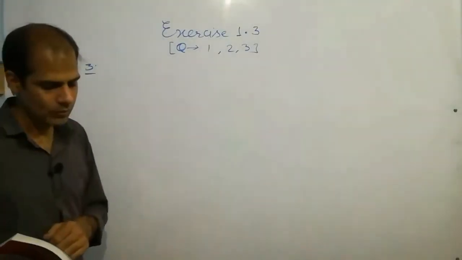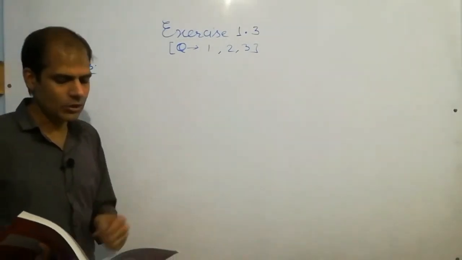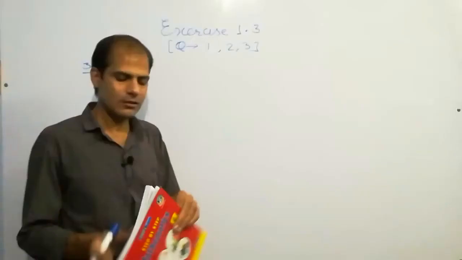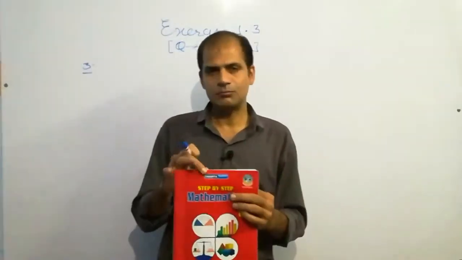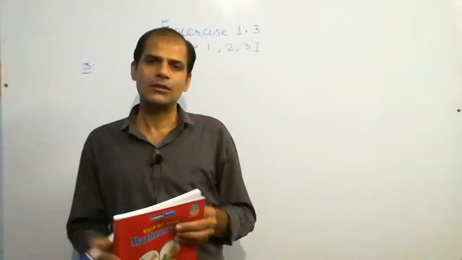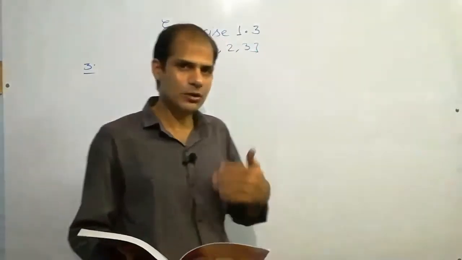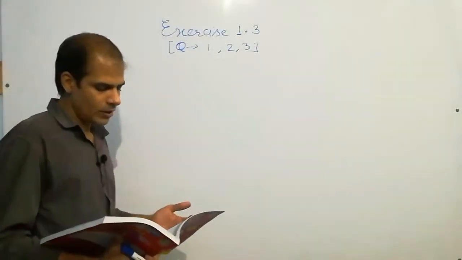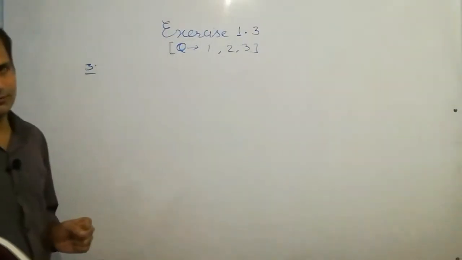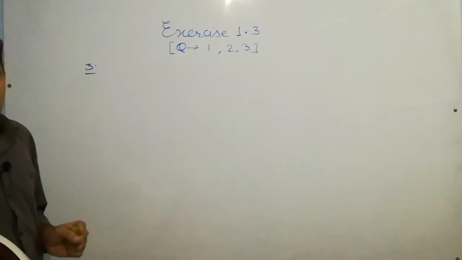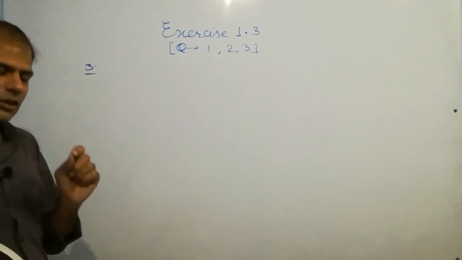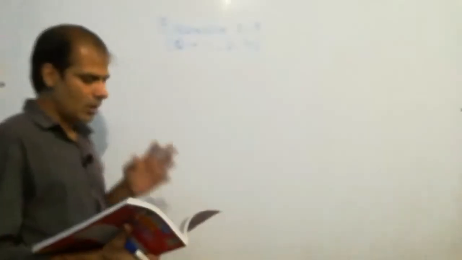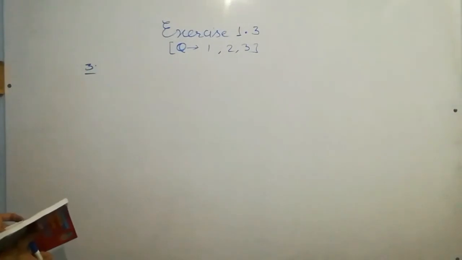So each notebook contains 200 pages. Similarly, जैसे बुक है इसमें 200 पेजेस है. So some notebooks are made. How many notebooks can be made from the paper available? This is the question. So I am going to tell you how to solve this.